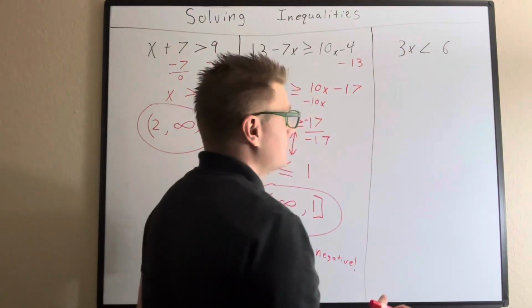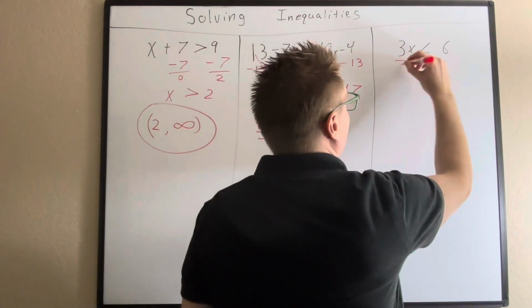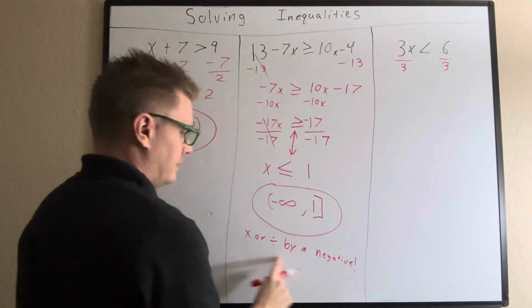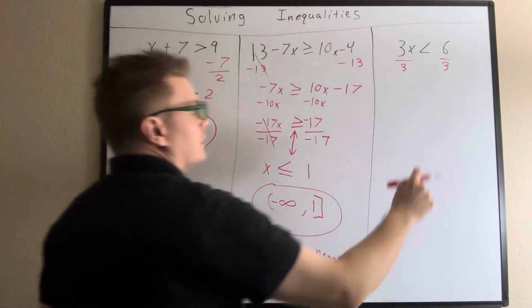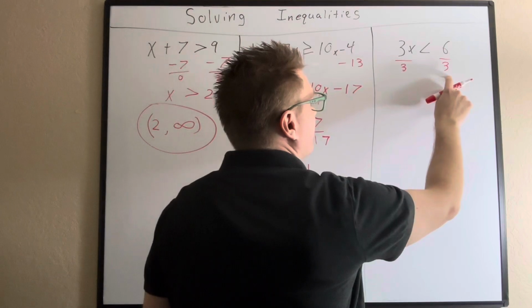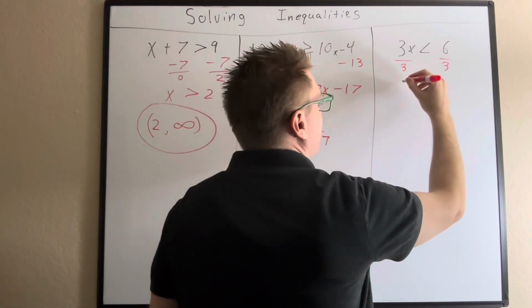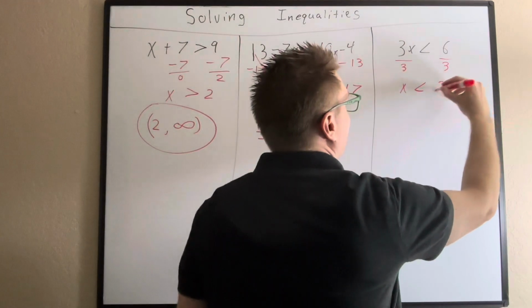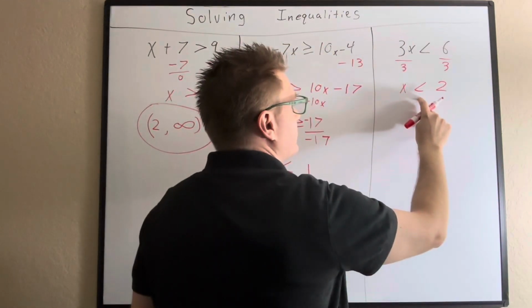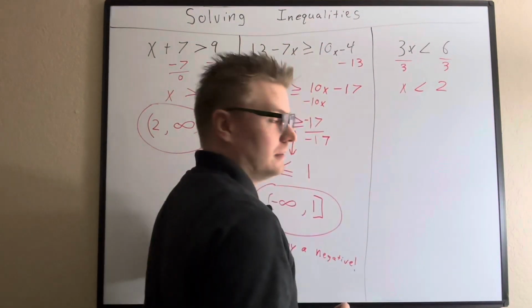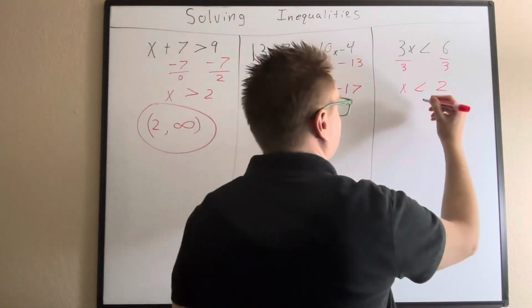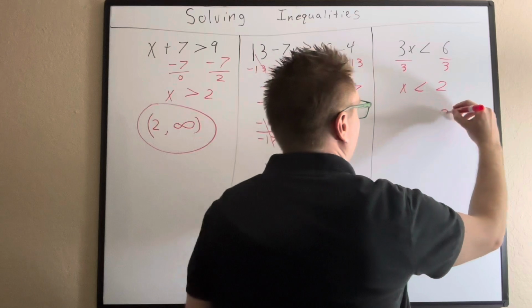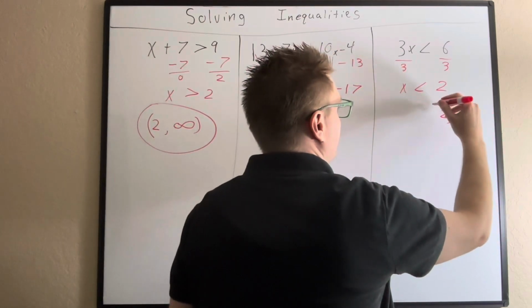All right, 3x less than 6. Let's try this one. Divide both sides by 3. It's not a negative, so things turn out okay. We don't have to switch the sign. And x is less than 2.